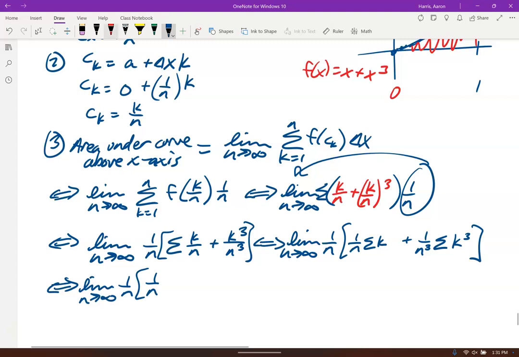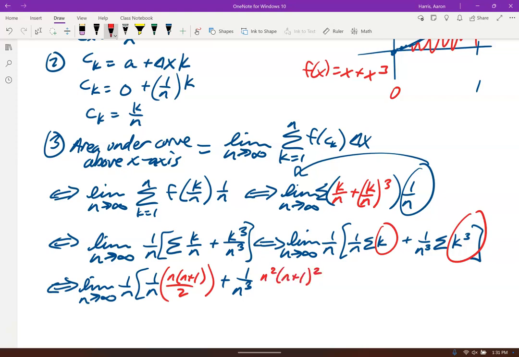And then summation of k, that would be our summation i, right? So it would be n times n plus 1 all over 2. And then I look up the k cubed formula for that one, and it gives me n squared times n plus 1 squared all over 4.